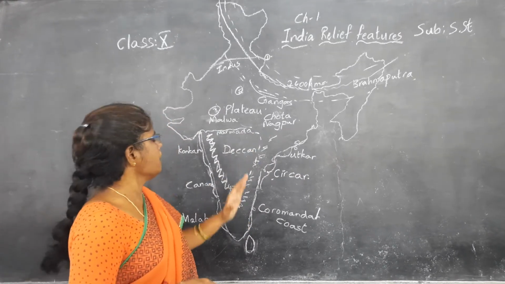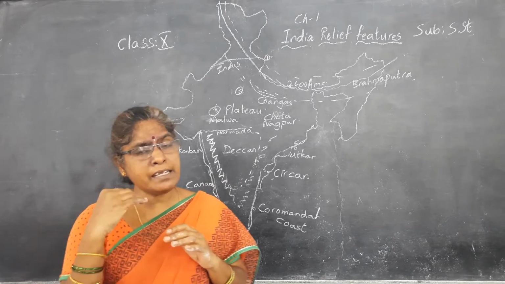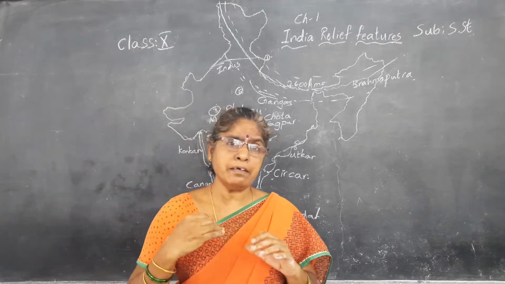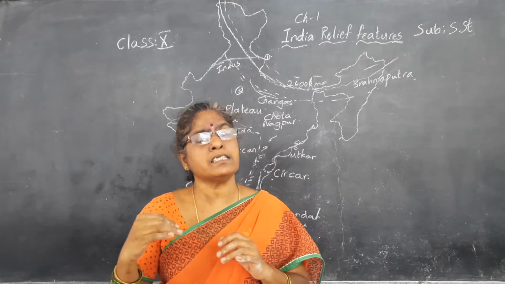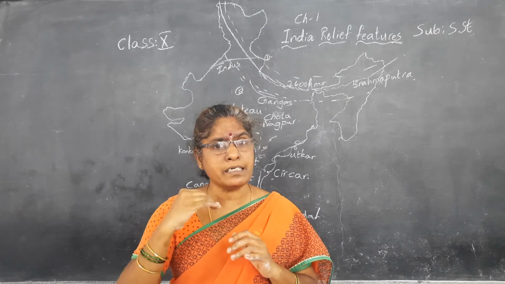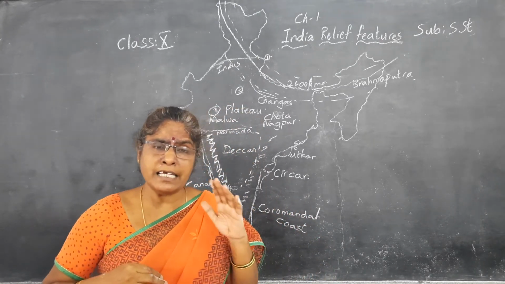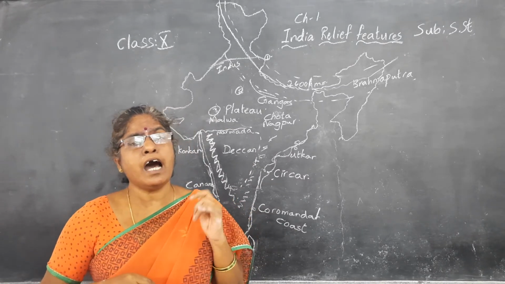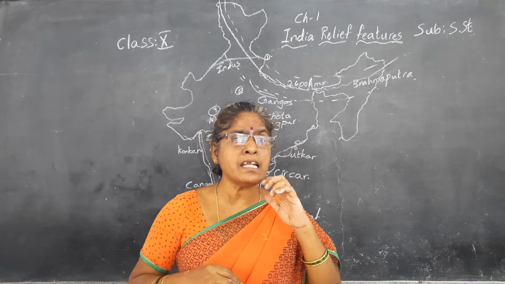Okay, next we come to the Eastern Ghats. The average height of the Eastern Ghats is 900 meters. The highest peak in the Eastern Ghats is Arayakonda, with a height of 1600 meters.